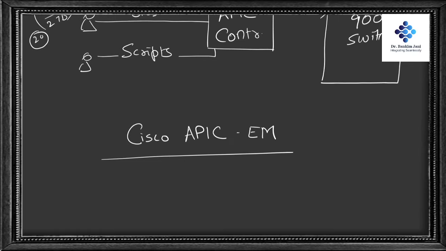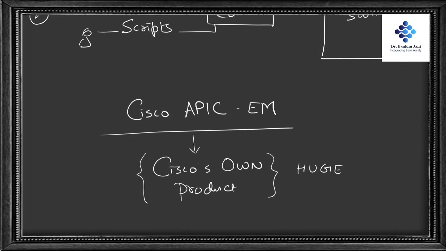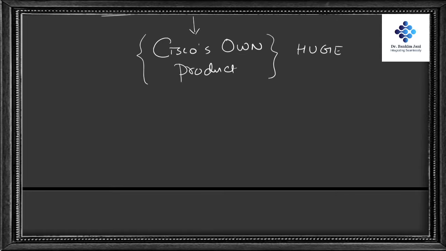Cisco said no, this is injustice, right? Cisco saw that customers have Cisco's own products in huge amounts, so it would be an injustice. So they came up with the idea of Cisco APIC EM, enterprise module.